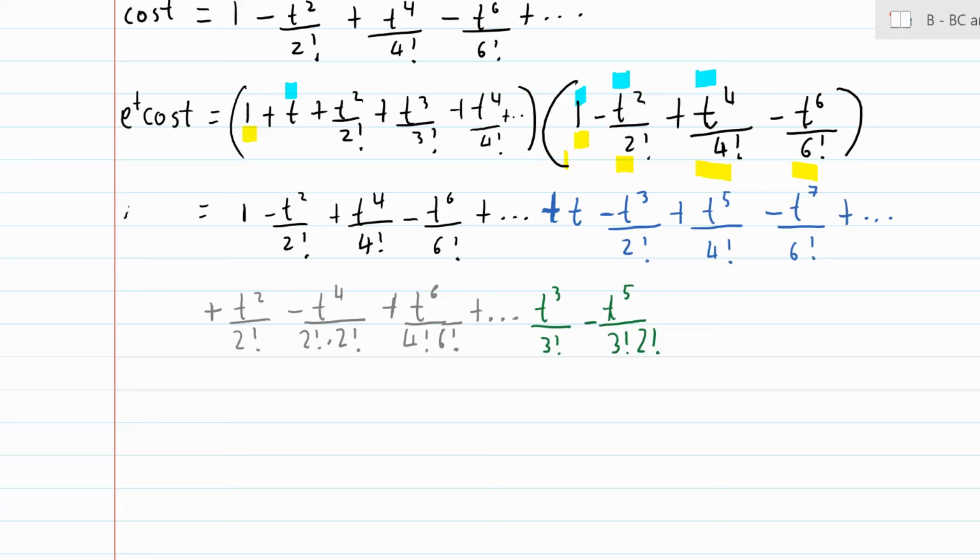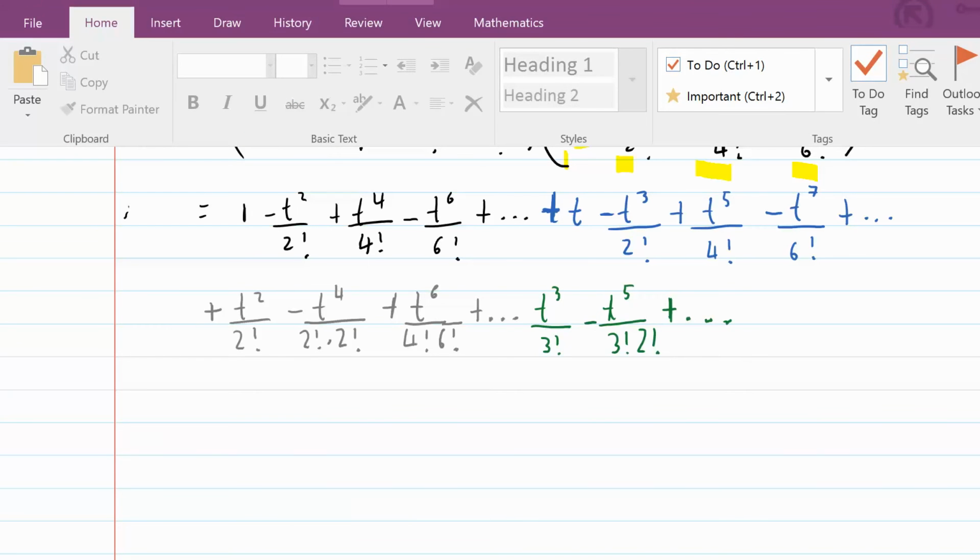And again, the next term would look something like t to the 7. Because we know it's not going to get that high again, we're just going to stop here for this. And then we're going to do the same thing again for t to the 4.